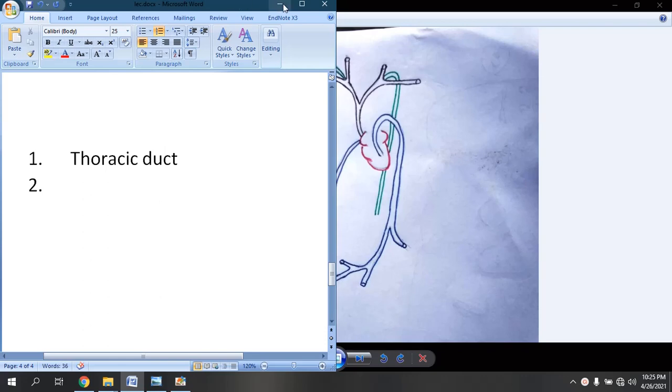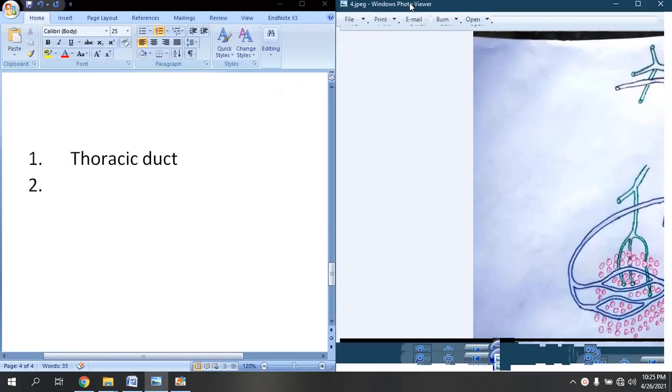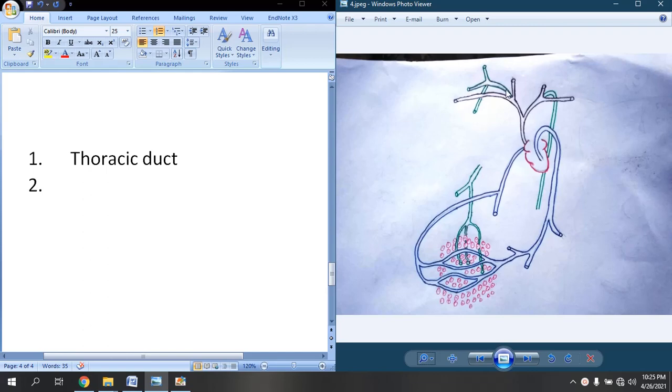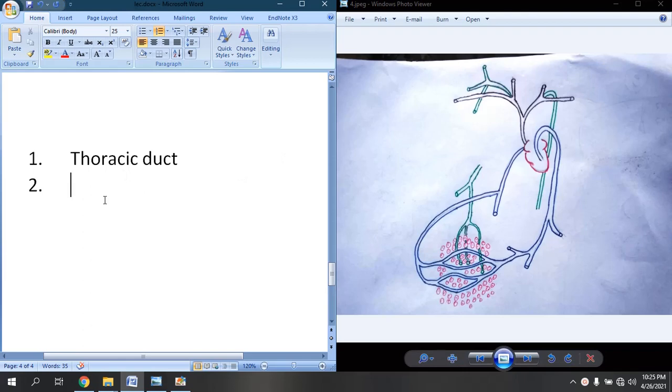And number 2, that is this one. This is the second largest lymphatic duct, and this is called the right lymphatic duct.